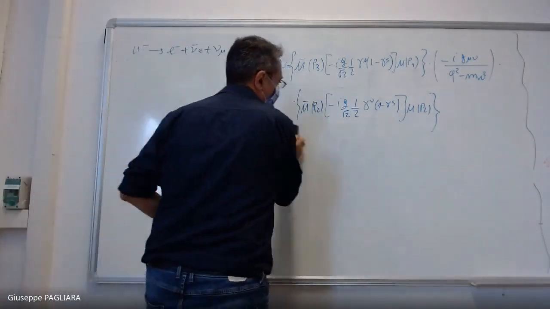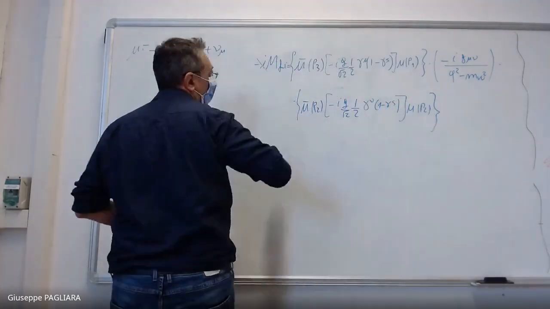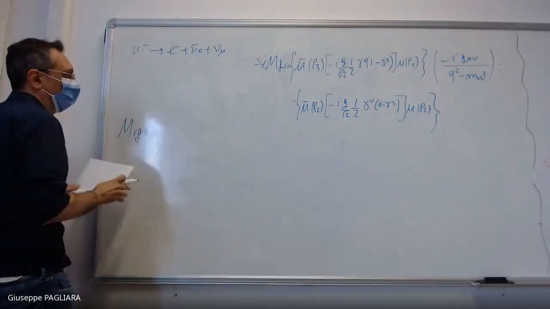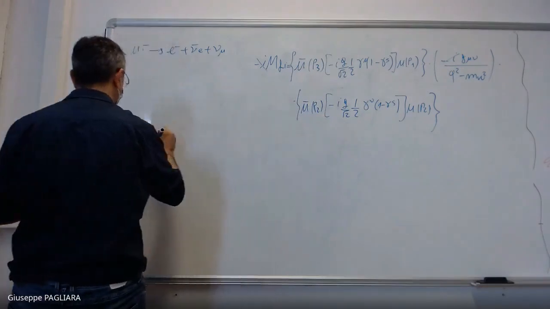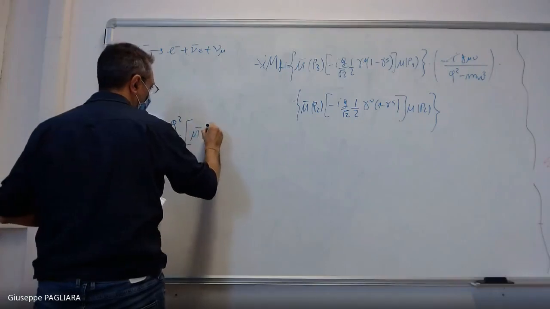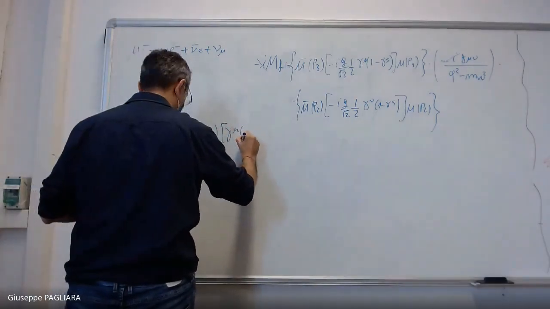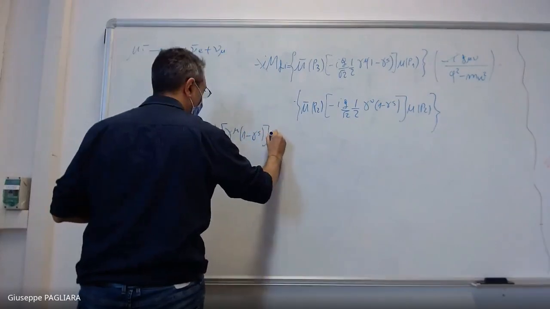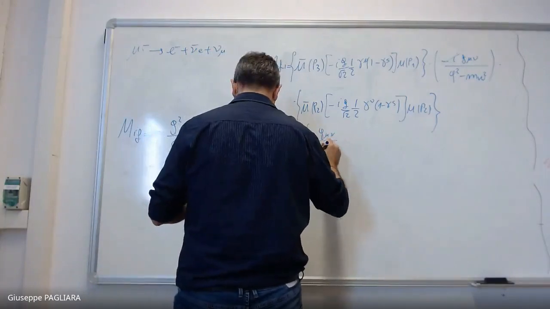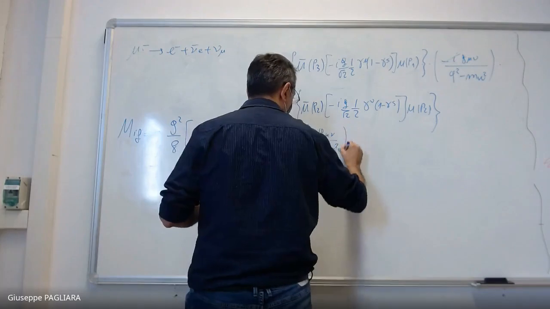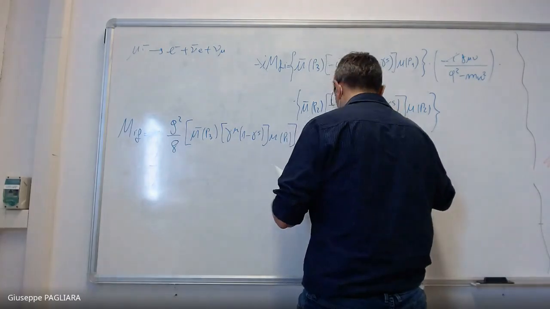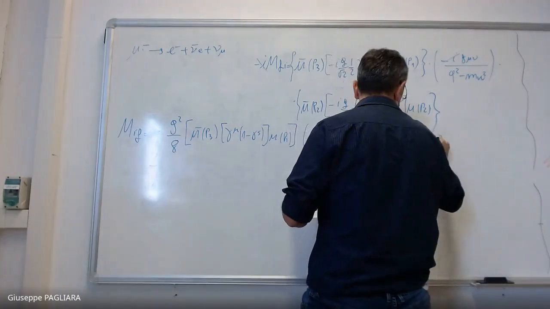Now we can multiply by minus i, so we obtain i M. We just put the constants outside, minus g squared over 8, and then we have u bar 3 gamma mu (1 minus gamma 5) u 1. Then we have the propagator, g mu nu divided by Q squared minus M W squared. And then we have u bar 2 gamma nu (1 minus gamma 5).